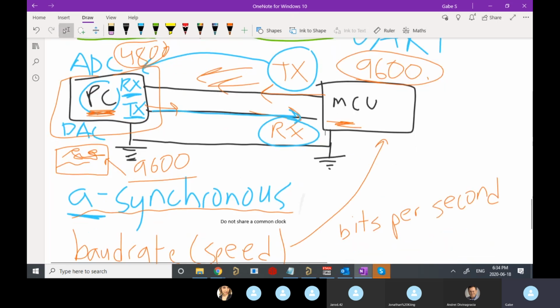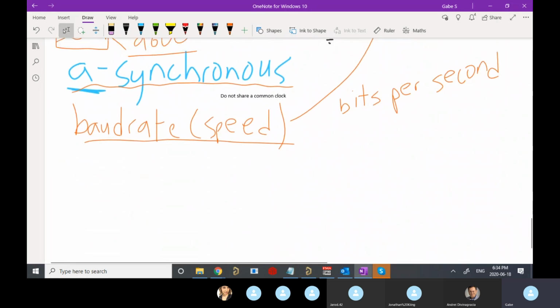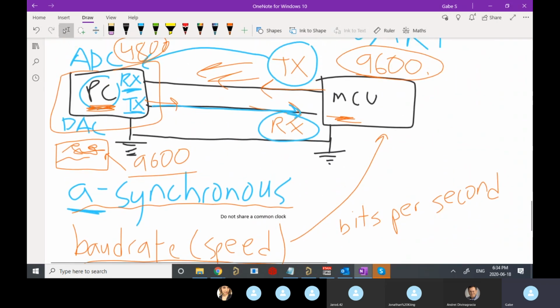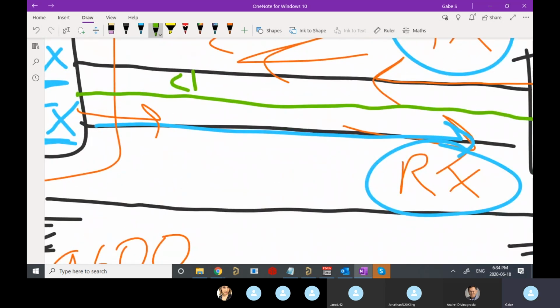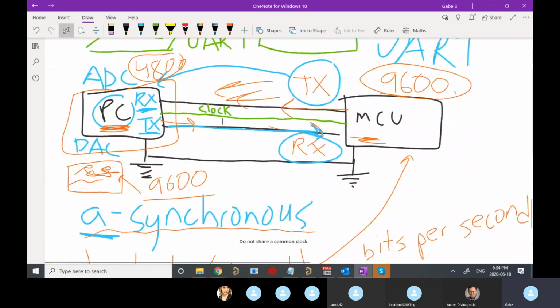So that's really important. In other communication protocols, what you actually do is you send more wires, right? You send another one, and that would be your clock. If you're sending a clock wire in between microcontrollers, or between your microcontroller and your slave, or your PC, or ADC, or whatever you're talking to, then you're synchronizing the times together.